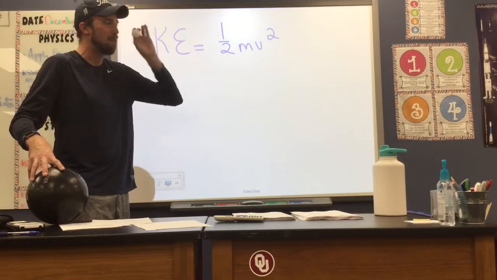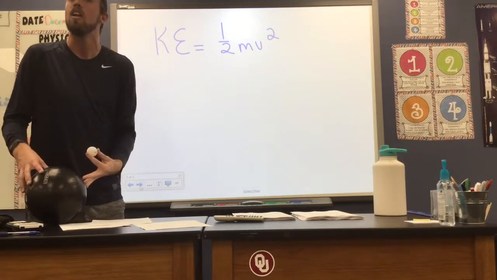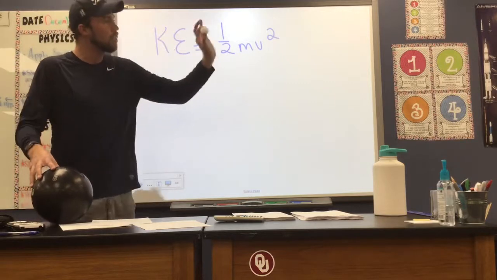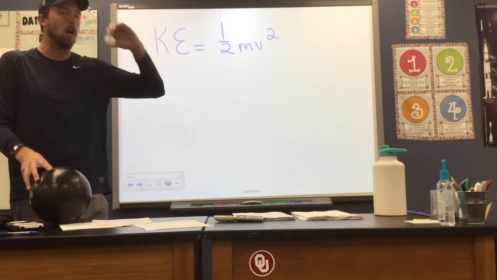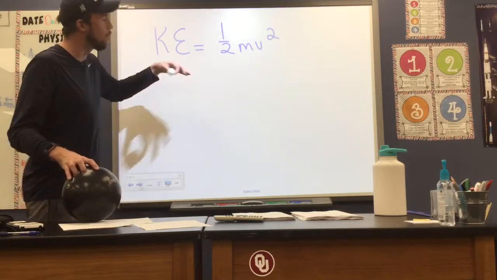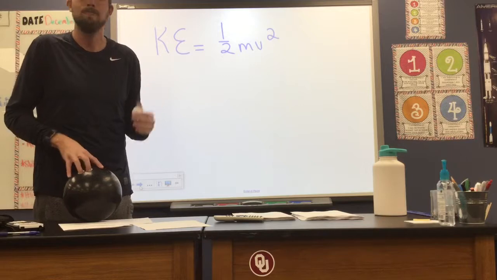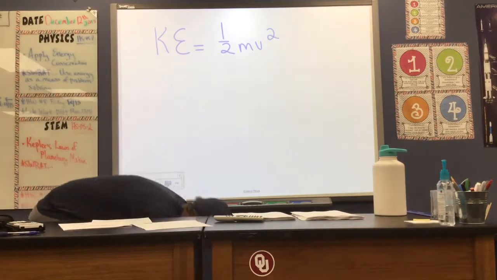If this is going 8 to 10 miles an hour, I might turn away, but I'm not going to be terrified like I would of the bowling ball. Okay? So in order for this ping pong ball to break my nose, it needs to be going very fast. So the number we're going to get for this velocity is going to be pretty high.